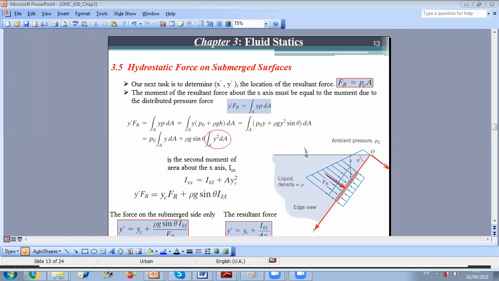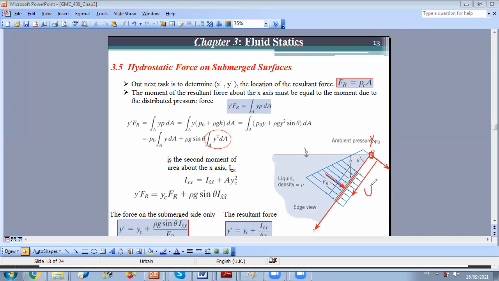So now I will find the distance I should displace the force in a way to create a moment about x equal to the moment of the distributed load about x. Okay, this is the idea. Now I consider that I must shift by a distance. I don't know how much this distance is, so I will call the distance by which I move the resultant force y prime.